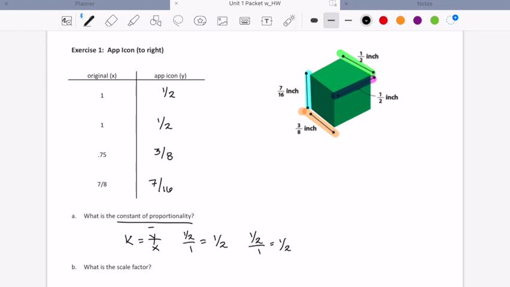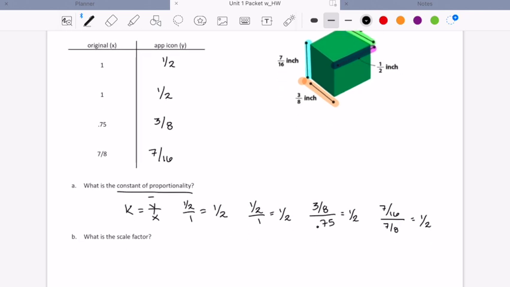So I have to just make sure that they're all the same. 3/8 divided by 0.75, and 7/16 divided by 7/8. And both of these values should be 0.5 or 1/2. It says, what is the scale factor? Remember, the scale factor is the same thing as my constant of proportionality. So that means that my scale factor is 1/2.